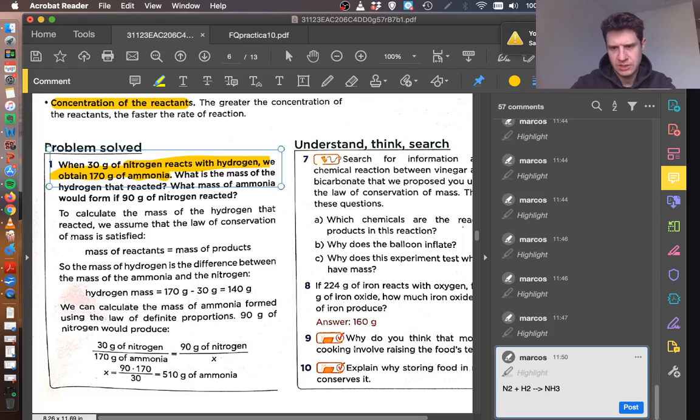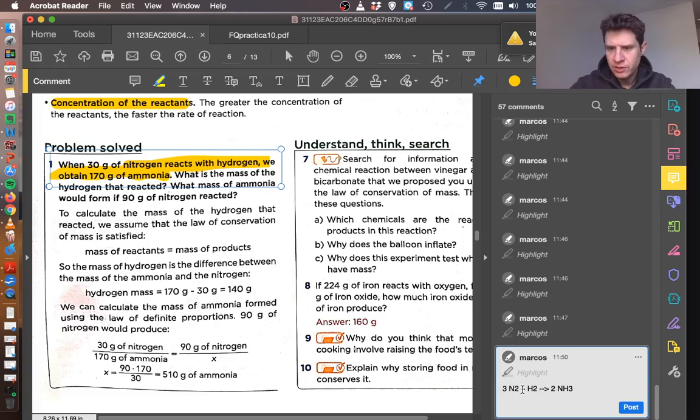This is ammonia. That's the main formula. With stoichiometric values, it will be like this: 3, and then 2. These are the stoichiometric values.